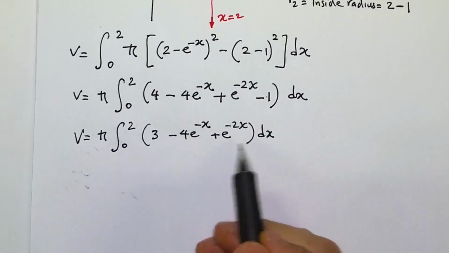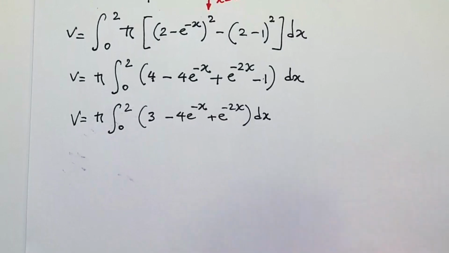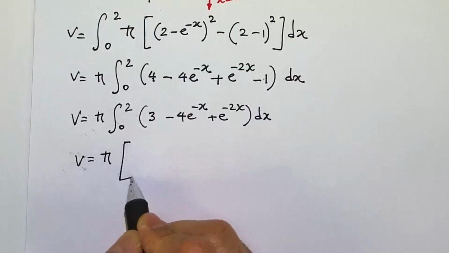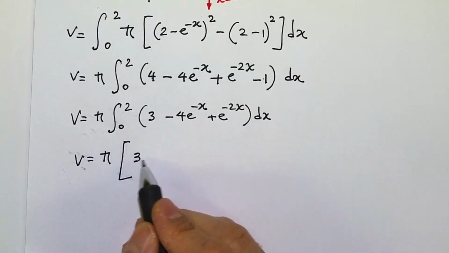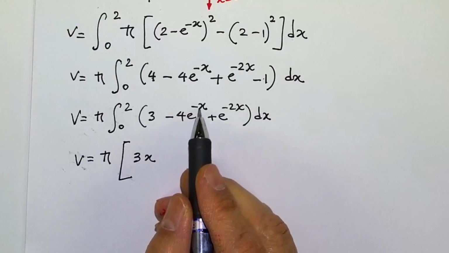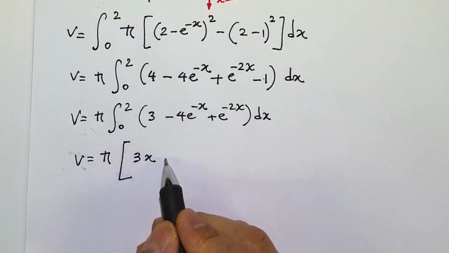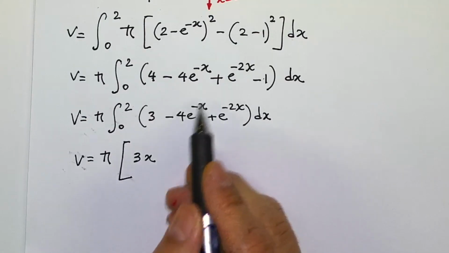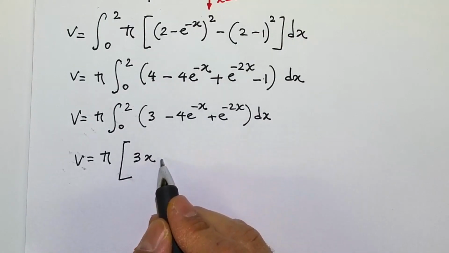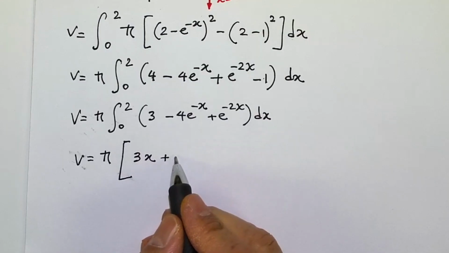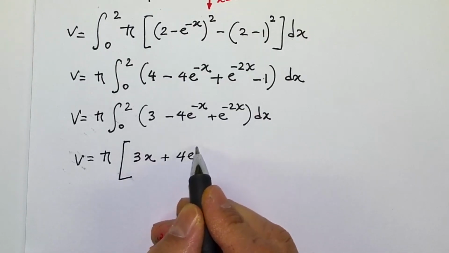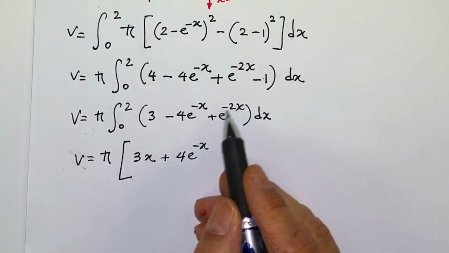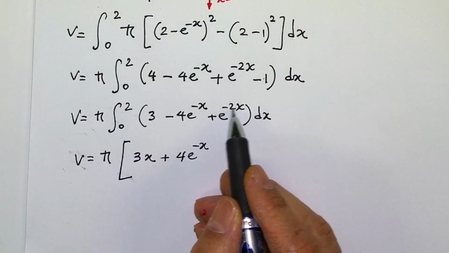All of these terms are easy to integrate. So let's do that. The volume equals pi times, this is simply 3x. This will be simply positive 4 times e to the negative x, right? The natural exponential function, we know how to integrate that. So plus 4e to the negative x power. And for this last term, by the chain rule, we're going to get a negative 2 from this.